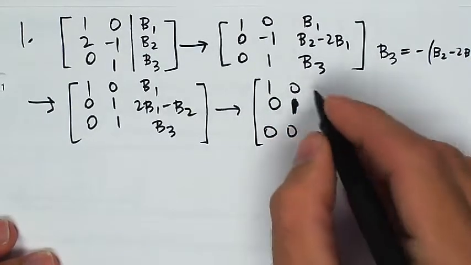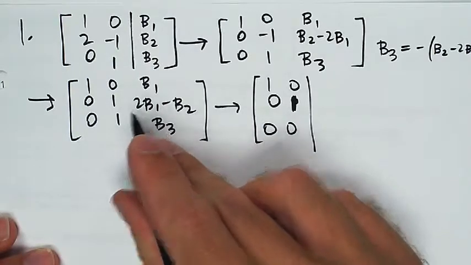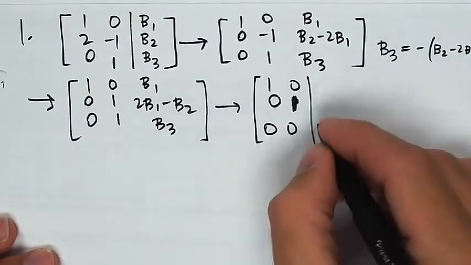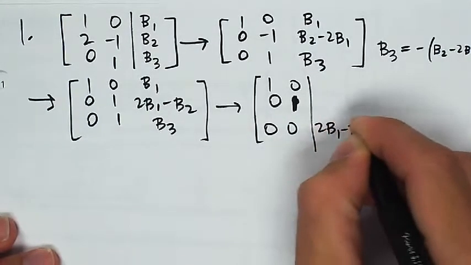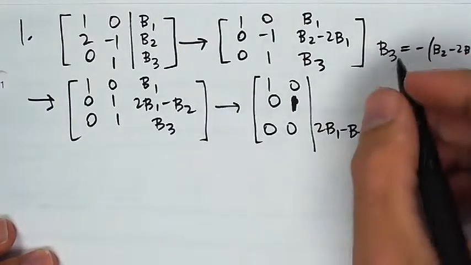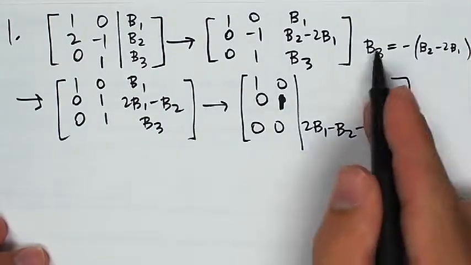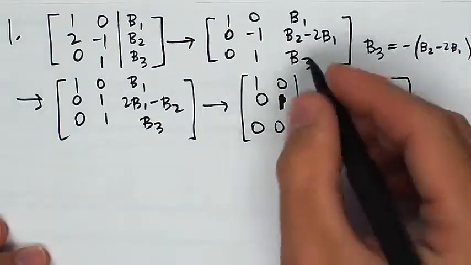That's not a 4, it's 1. And on my 0 row, I had 2B1 minus B2, and I'm subtracting B3. Well, what I'm basically saying is that that has to equal 0, right? But that's exactly what we're saying here, the exact same thing.